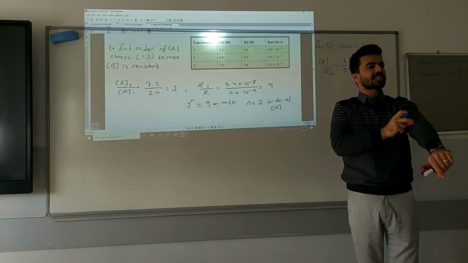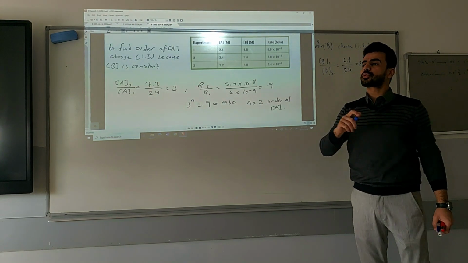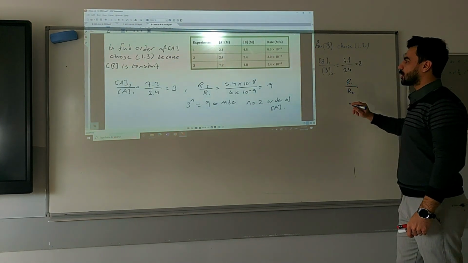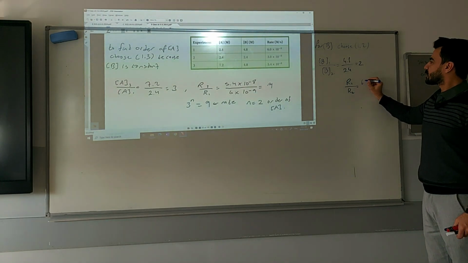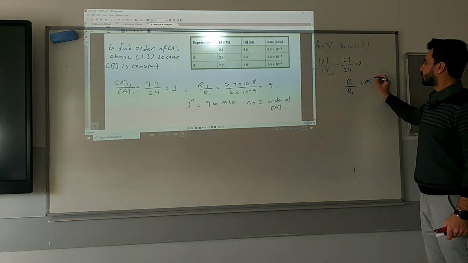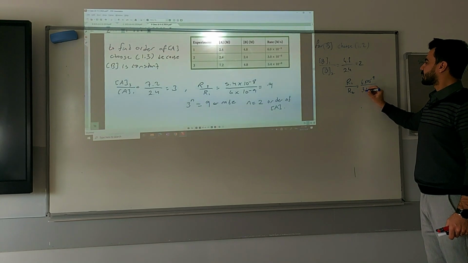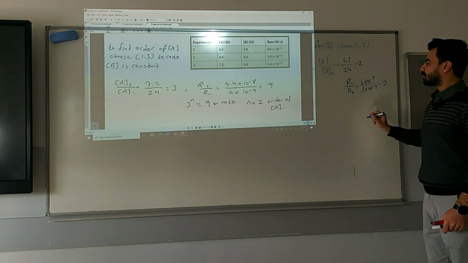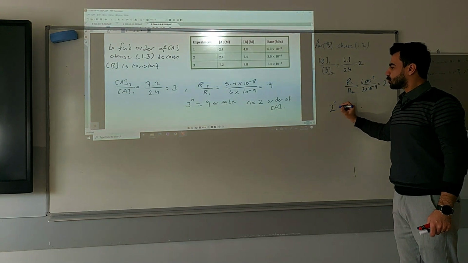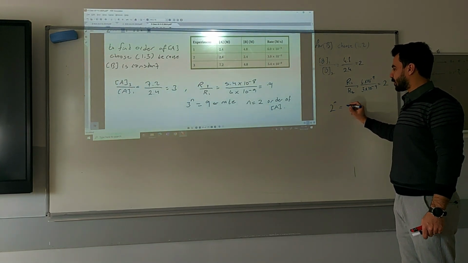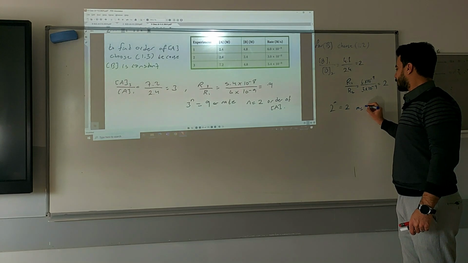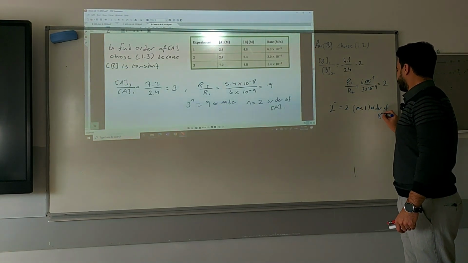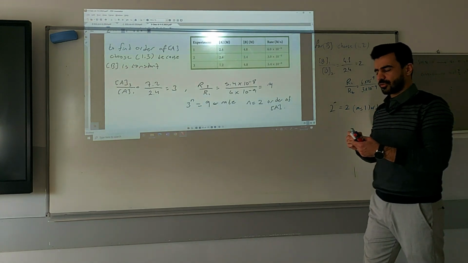Then when the concentration of B is doubled, what has happened to the rate? Again, rate of the first one over rate of the second one: 6 times 10 to the power of negative 9 over 3 times 10 to the power of negative 9, it's equal to 2. Then 2 to the power of what number is equal to 2? Then m must be 1. That's the order of B.